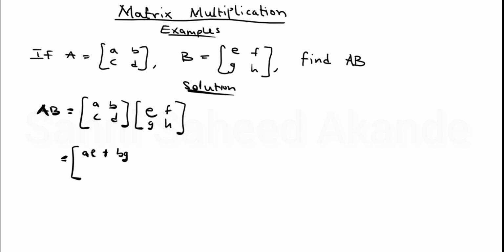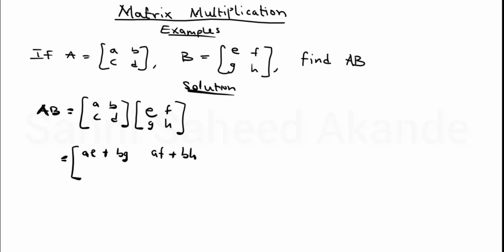Alright, we are going to take this first row as well and use it to multiply the second column. Let's do that very quickly. A times F will give us AF, then plus B times H, that will be BH. So we are through with those at the top.